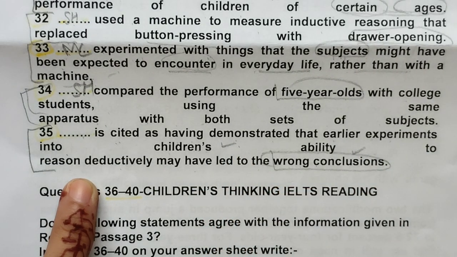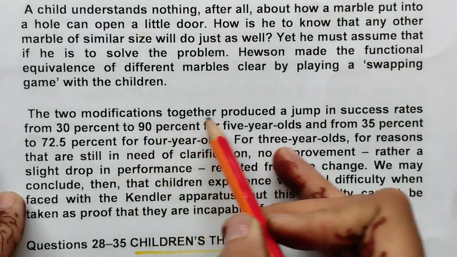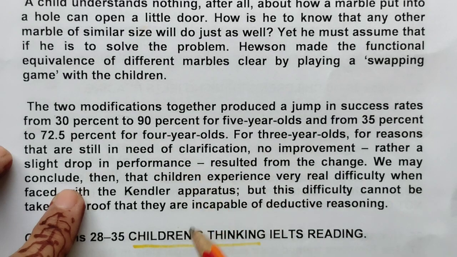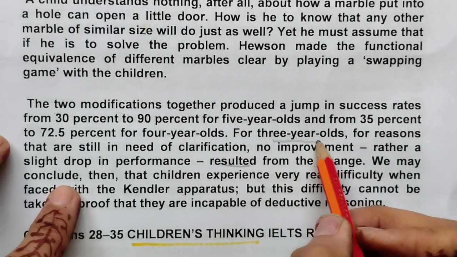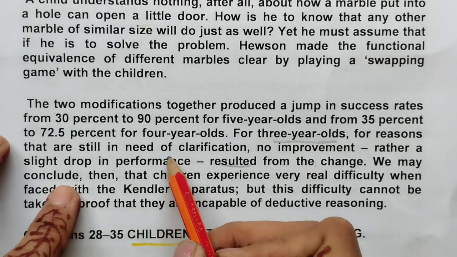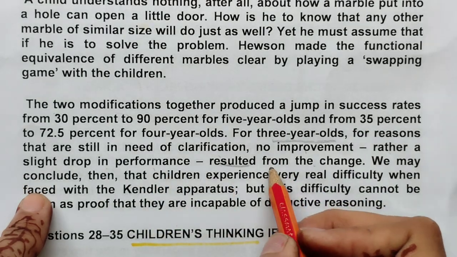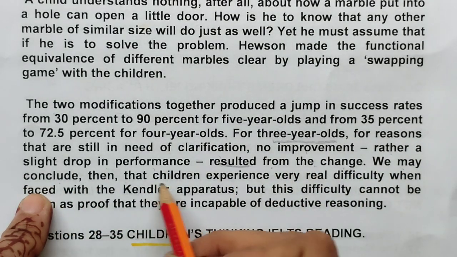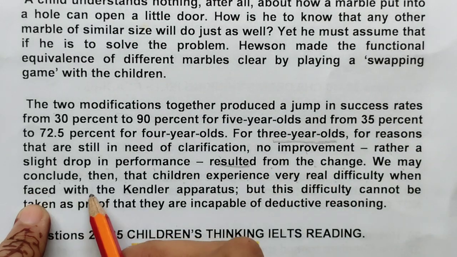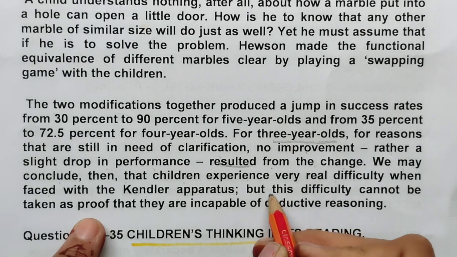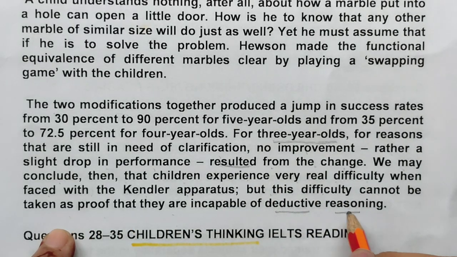Okay, so in the last paragraph we can see these two modifications, from here result kind of thing, resulted from the change, from 3-year-olds, for reasons that are still in need of clarification, rather than a single drop in performance resulting from the change. We may conclude that children experience very real difficulty when faced with Candler's apparatus, but this difficulty cannot be taken as proof of incapability of deductive reasoning.